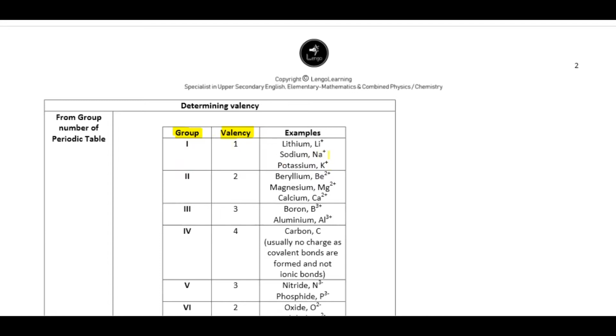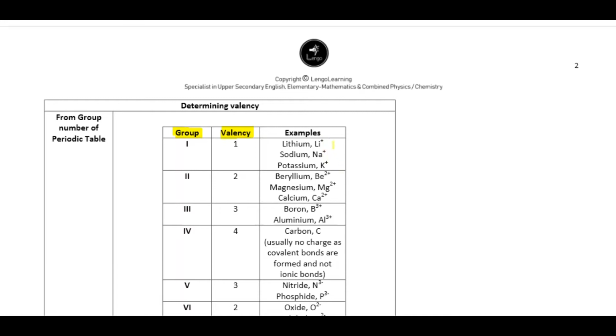For now, you just have to know that the valency sort of represents the charge that they will tend to have when they combine with other elements to form an ionic compound, right? Group 1 represents metals, so all these are actually metals, and if they have a valency of 1, these metals will all have a positive 1 charge, as you can see, right? It's a plus 1, plus 1, plus 1.